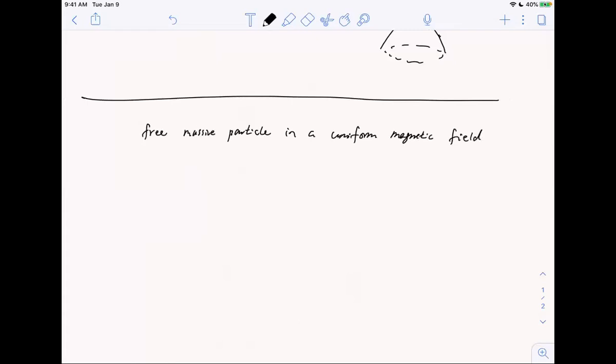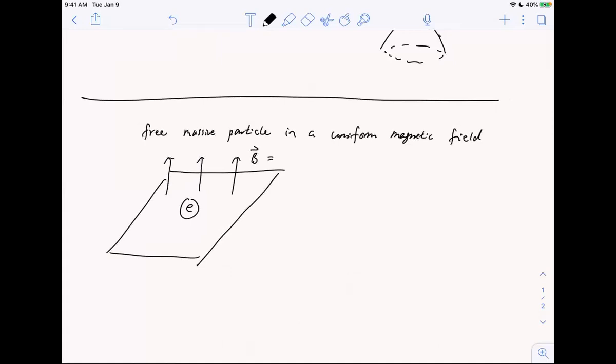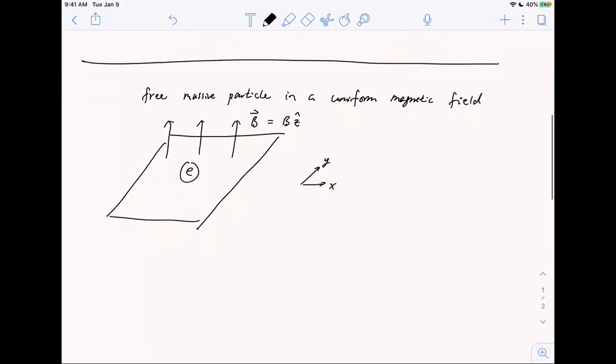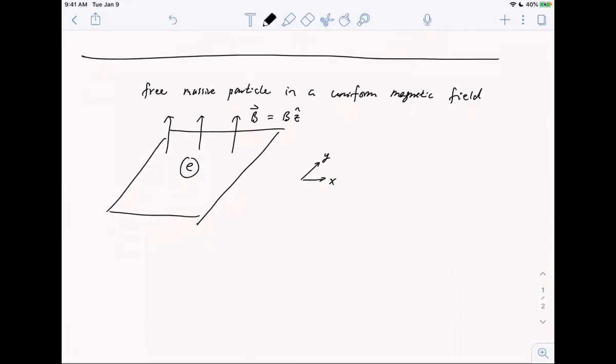So basically, it is an electron, and then you have a 2D plane, and then you apply the B field. The B field is equal to B in the z direction. I mean, you can define the XY plane as well. So what is the Hamiltonian?